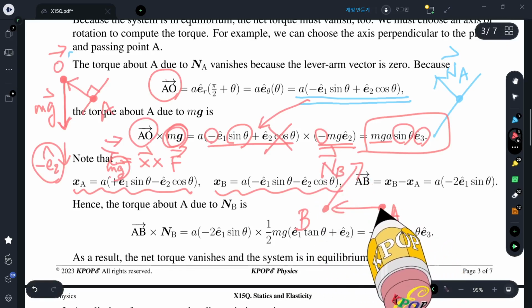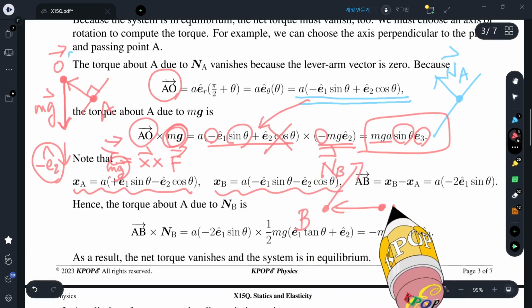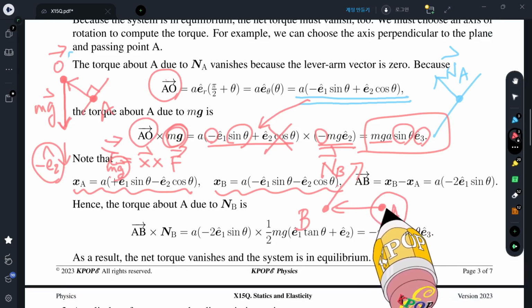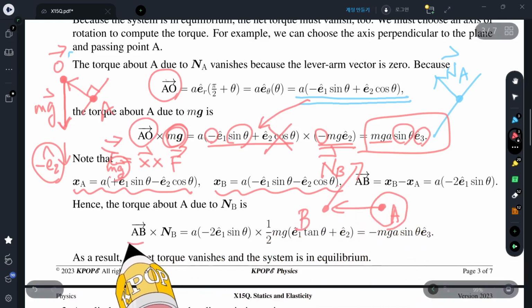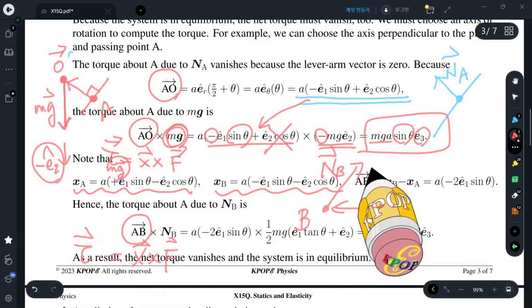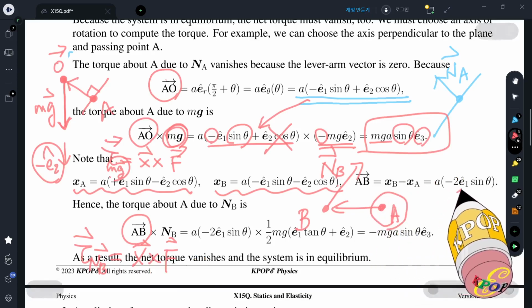When I compute the torque due to NB relative to this axis of rotation passing through A, we need to compute x cross F, that is the torque applied by NB, and AB is here.